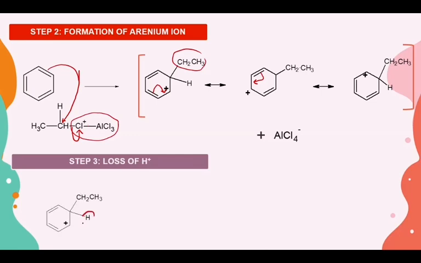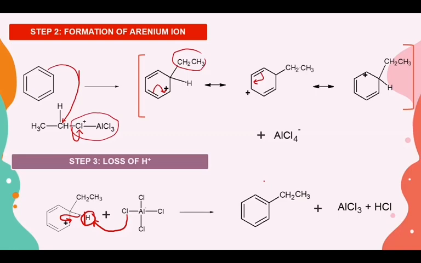This H plus will be removed, and the one involved in step 3 is AlCl4 minus. Cl will attack this H, this bond will break, 2 electrons will move to this side, and we will get back our conjugated double bond in the benzene ring plus AlCl3 and plus HCl. So that is the mechanism of the primary haloalkane.